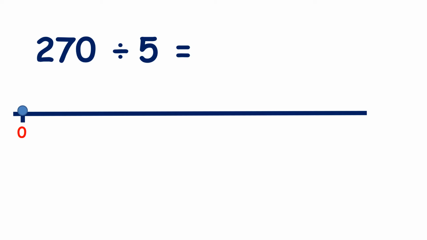Now pause the video and see if you can work out 270 divided by 5. So rather than counting in steps of 5 all the way up to 270, let's count in steps of 10 times 5, so in steps of 50.